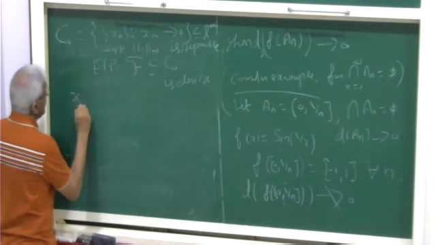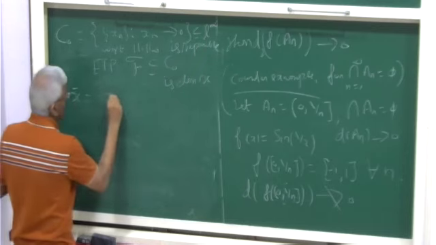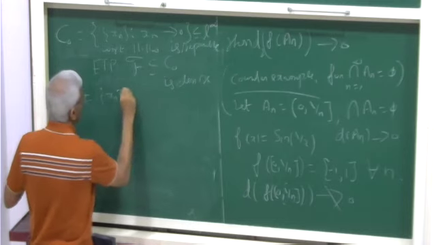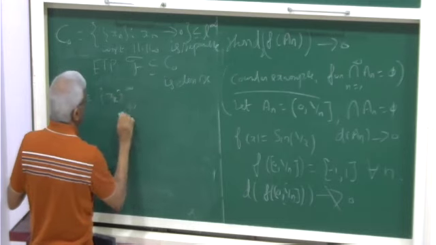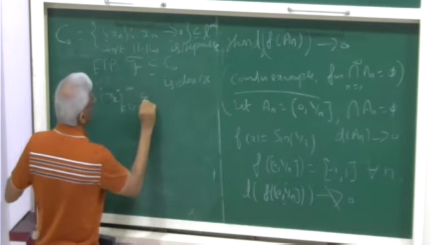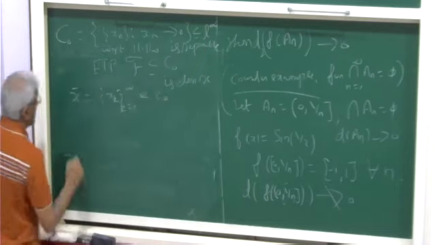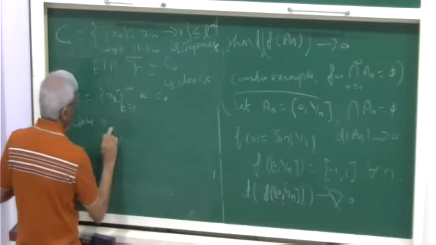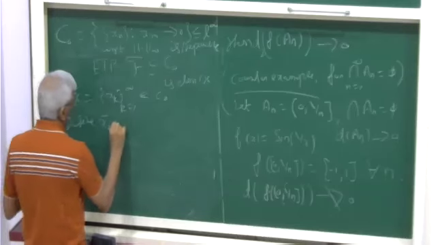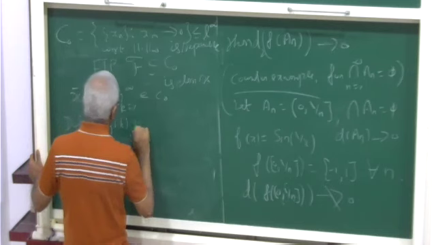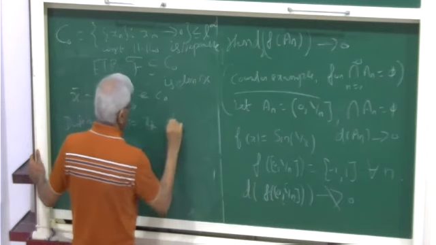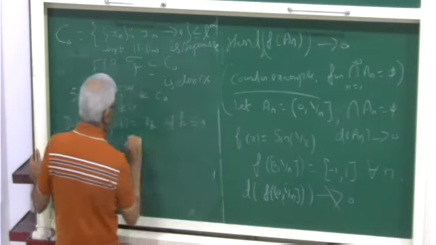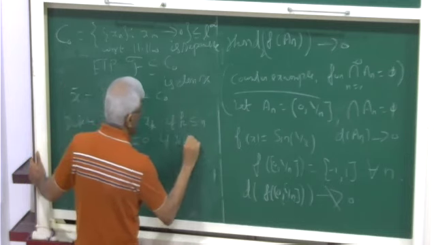Take any x_n, x bar equal to (x_k), k from 1 to infinity, which is in c_0. Then you define x_n bar at k equal to x_k if k is less than or equal to n, and equal to 0 if k is greater than n.